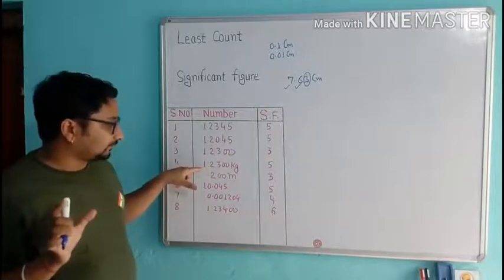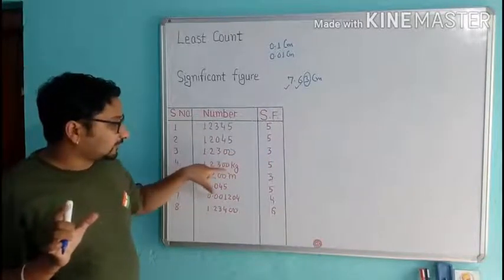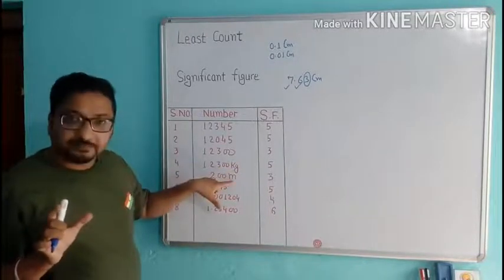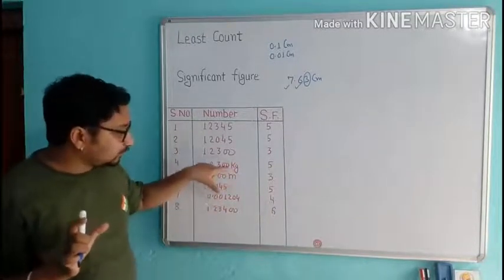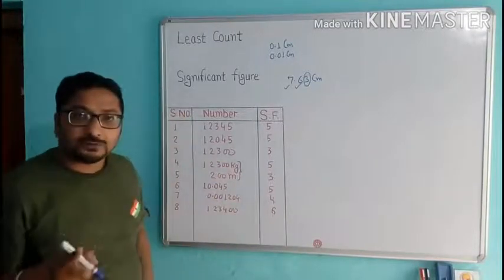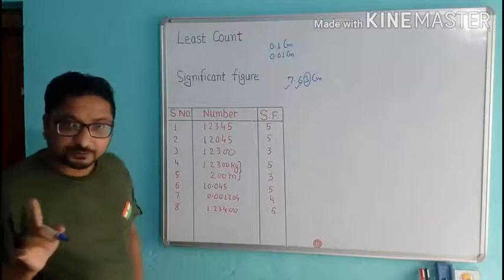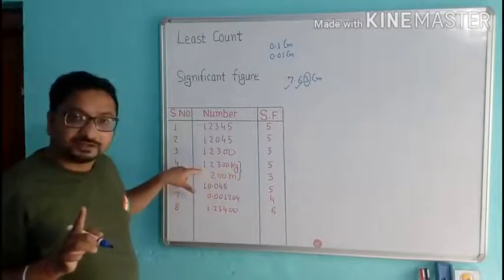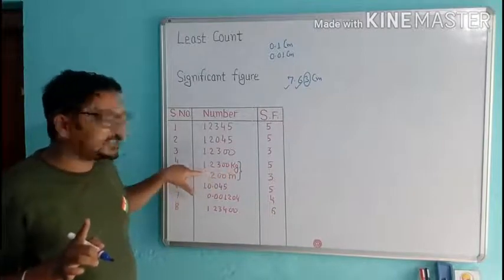Now again, here after this number, I write kg, I write meter. Okay. So these two numbers are observed real values. We measure this. This is the measurement.